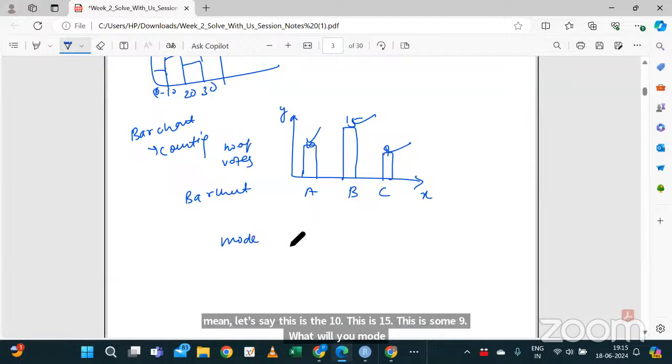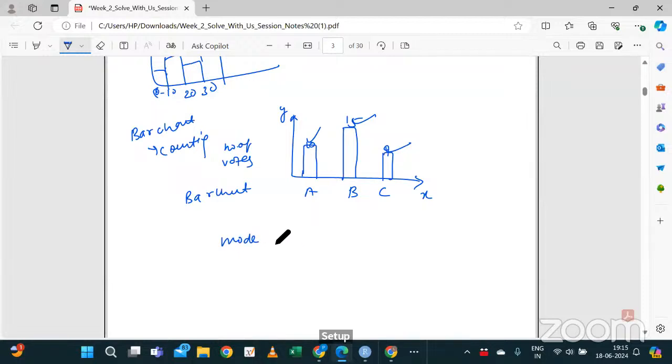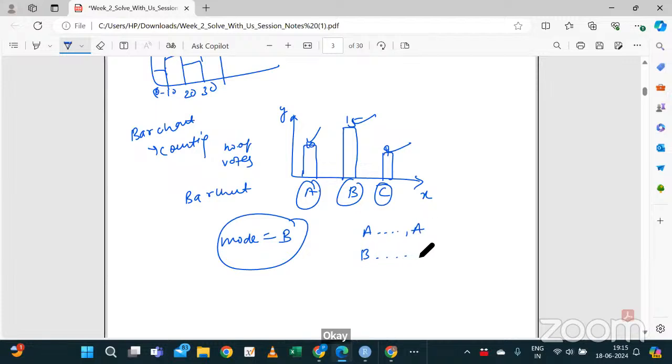15. Okay, the mode will be candidate B, and the mode frequency is equal to 15. What does this mean? A is occurring 10 times, B is occurring 15 times.